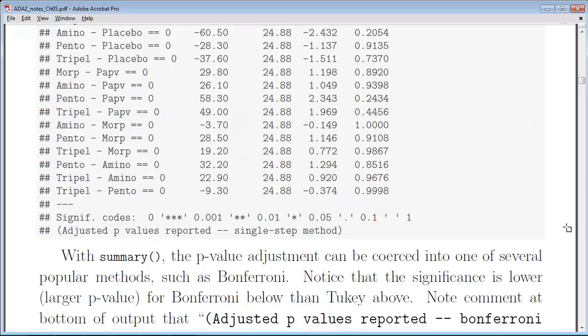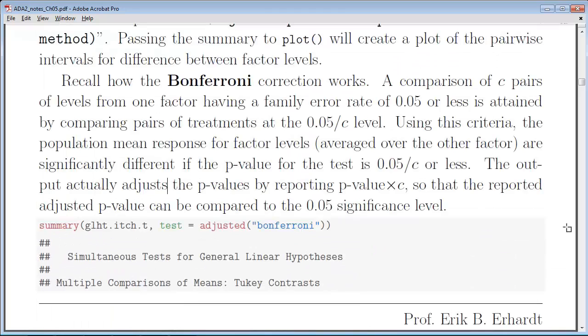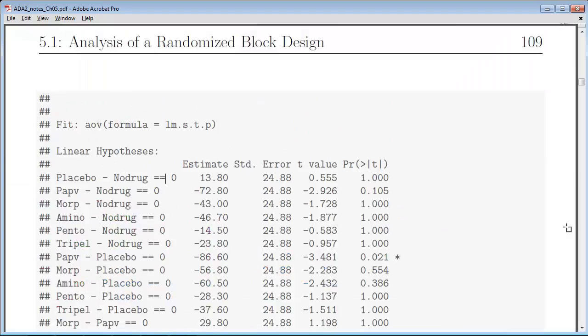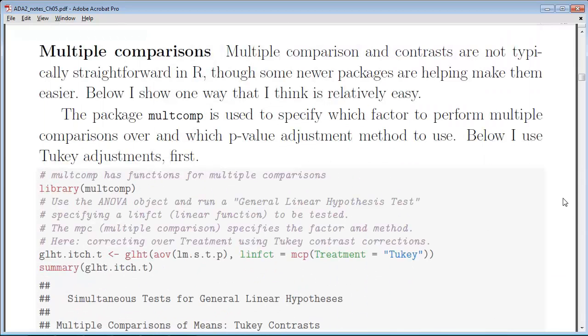And there's another package which we're going to use a little bit later, which does this also, called LS-means. And when you use the generalized linear hypothesis test function in the MultComp package, we want to do multiple comparisons and correct those multiple comparisons in some way.